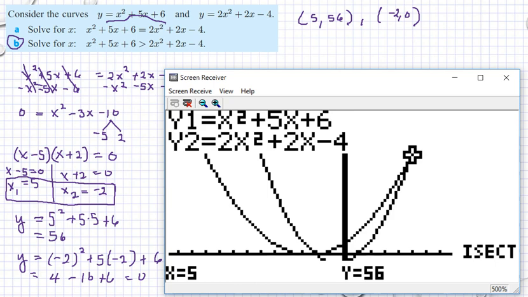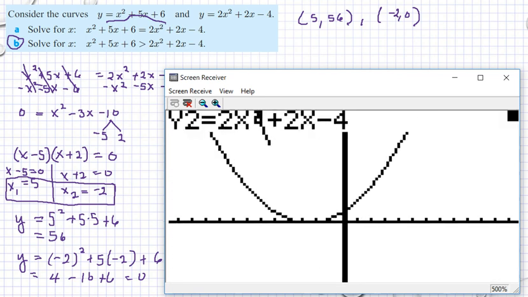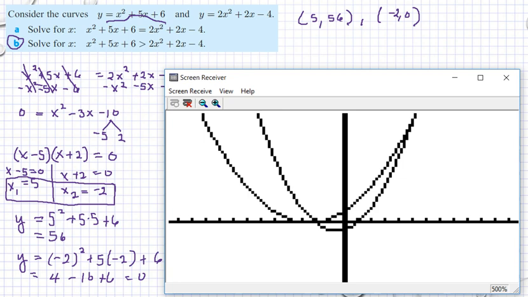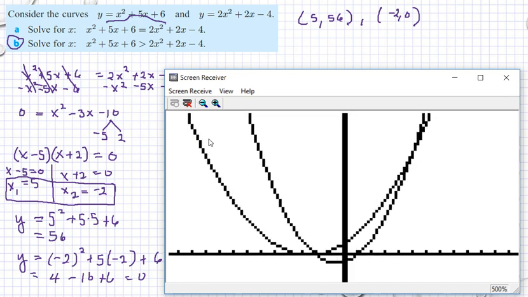Then we did right. The second question, the big question, is solve for x where x squared plus 5x plus 6 is greater than 2x squared plus 2x minus 4. That was the question. So if I'm going to draw it again, this equation is our x squared plus 5x plus 6, this one.